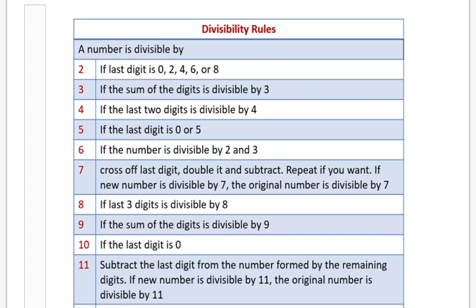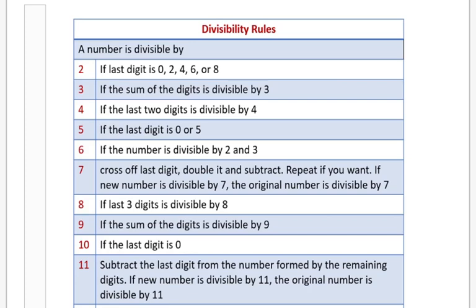If the last digit is 0, definitely. For an example 10, 20, 30, 40, 50, 60, whatever. Okay. A number is divisible by 10 if the last digit is 0, that is one of the divisibility rules.